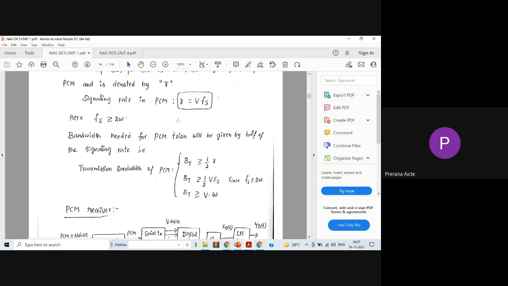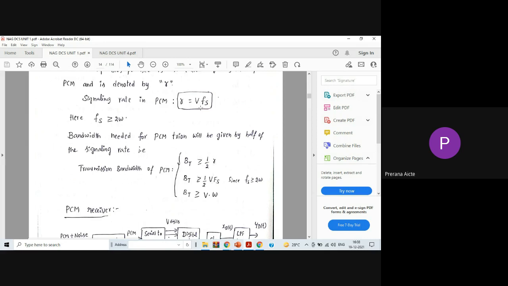That's why we have defined all these parameters. The bandwidth needed for PCM transmission is nothing but half of the signaling rate. So the transmission bandwidth of PCM is given by BT, that is BT greater than or equal to 1 by 2 into R. What is the R value?